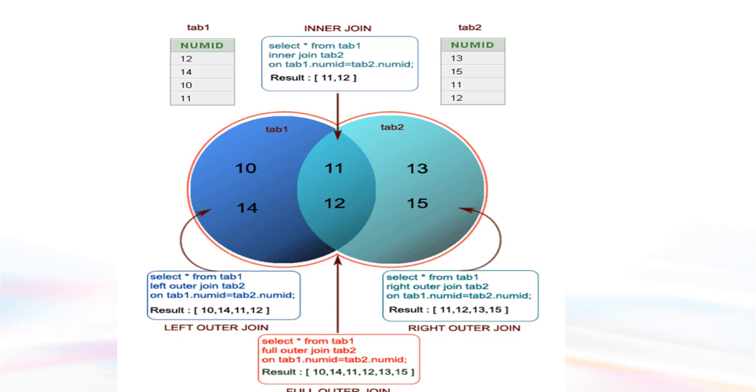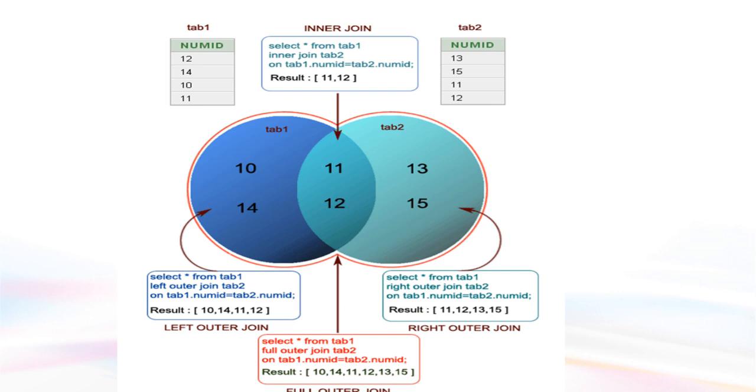In table 2 we have 13, 15, 11 and 12. So what are the common records? 11 and 12. These are the common records in both tables. Inner join will return the common records between the two tables.